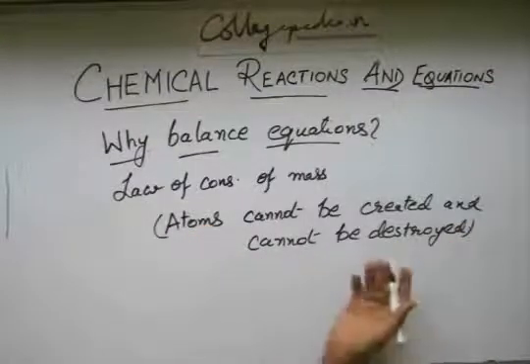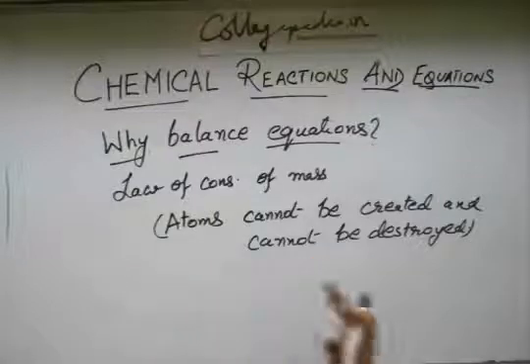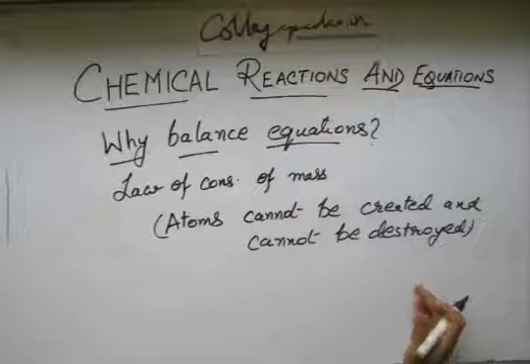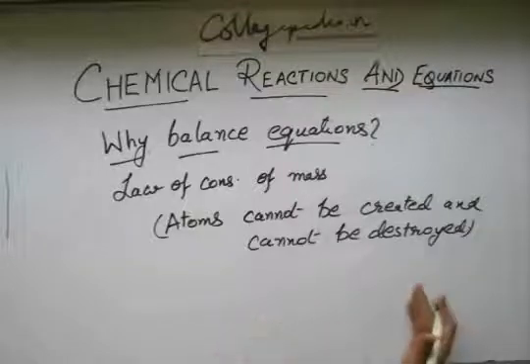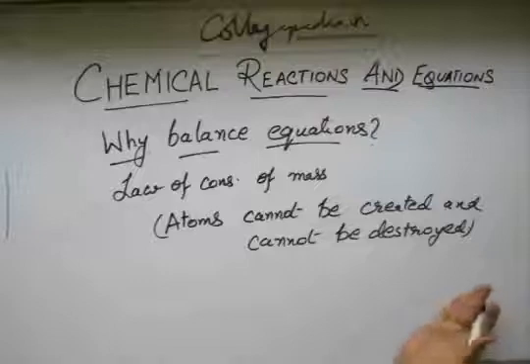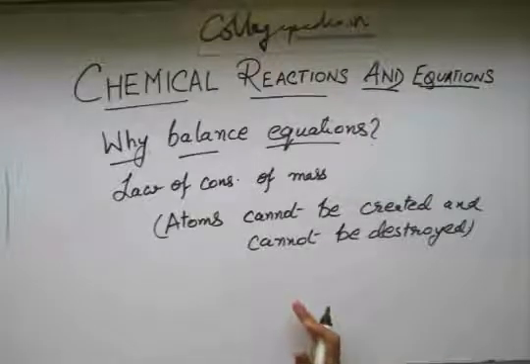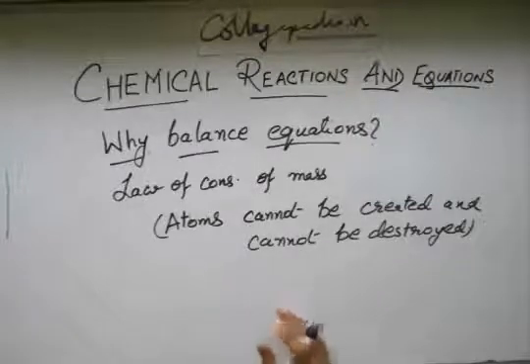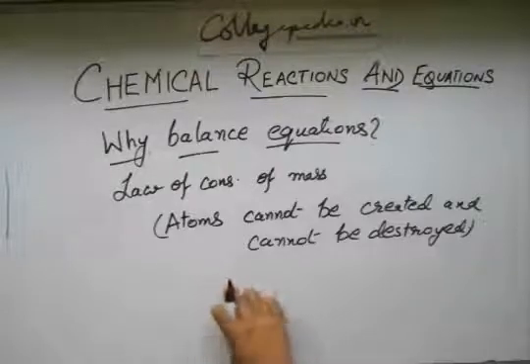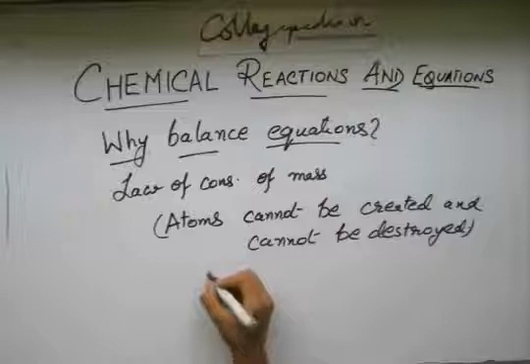So if they cannot be created, there cannot be extra atoms on the right hand side, because if there are extra atoms on the right hand side, it means that some atoms have been created. And they cannot be destroyed, so there cannot be lesser atoms on the right hand side, which will mean that the atoms are destroyed.